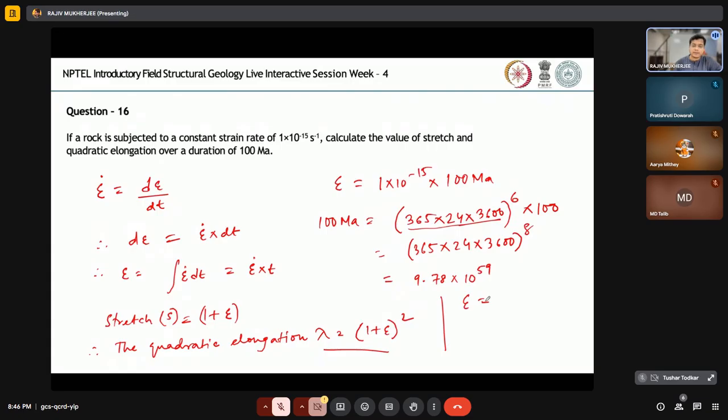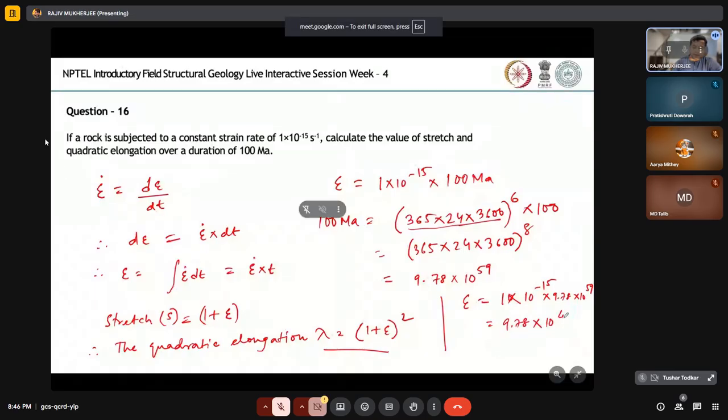So the amount of strain will eventually be 1 into 10 to the power 15 times 9.78 into 10 to the power 59. So it is 9.78 times 10 to the power 44.